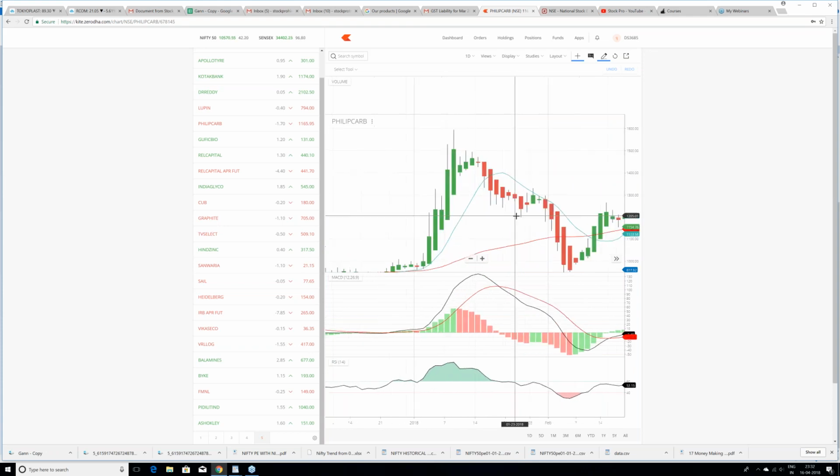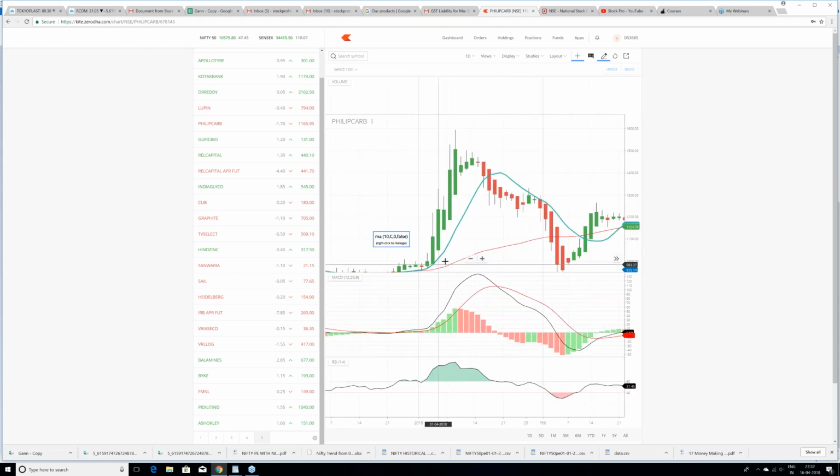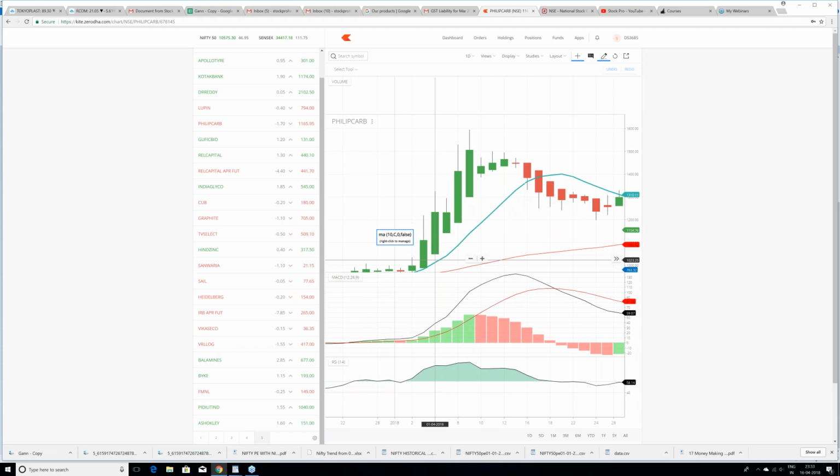How do you enter? How do you exit? Now, exit. See here, this is a flat bottom, flat bottom, flat bottom, flat bottom, flat bottom. First doji appeared, but which color doji is it? It's a green doji. Next is a green doji. Next to the flat head candle. None of them is alarming, right?